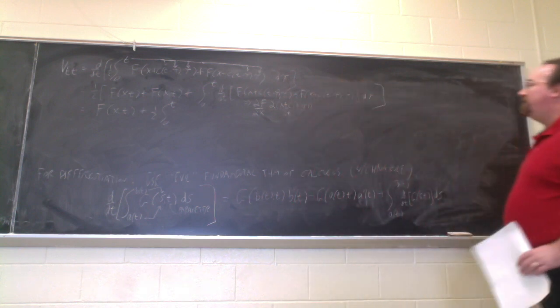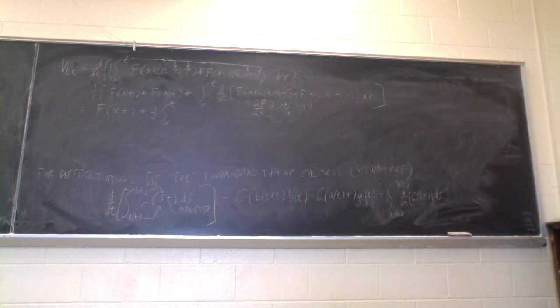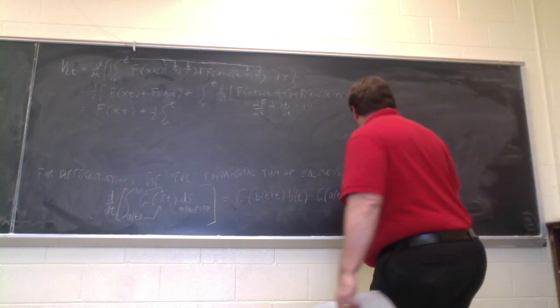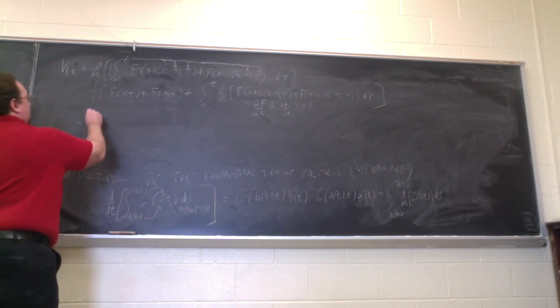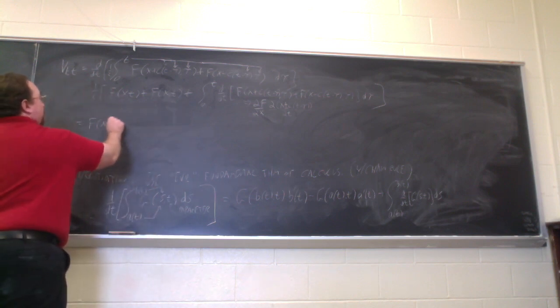That's what the chain rule gives us to get the whole dependence of the integrand with respect to t. I need a little more vertical space because of what I just wrote.